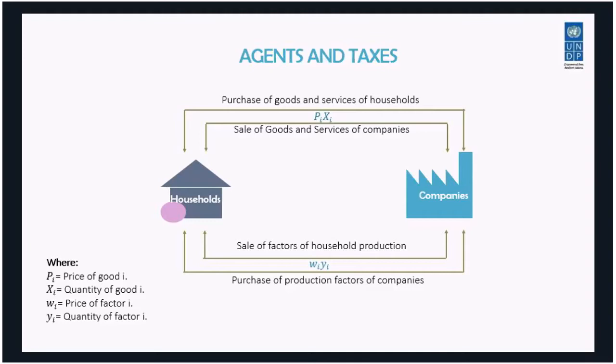So there are some taxes that are levied on quantities, as we just mentioned in the previous slide, and there are some taxes that are levied on the combination of price and quantities, right?